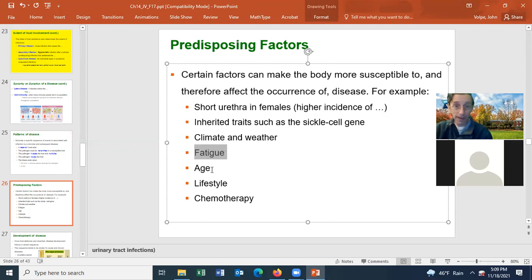Age is also a factor in getting disease. I think everybody knows with COVID-19, you're more likely to become sick and then more likely to become seriously sick or even die. But in most diseases, it's the young and the elderly who become sick or more seriously sick from disease.